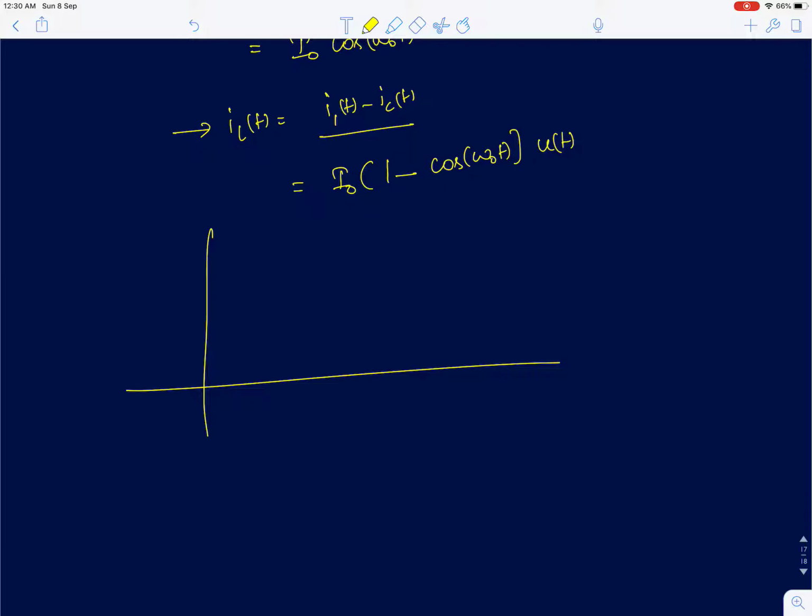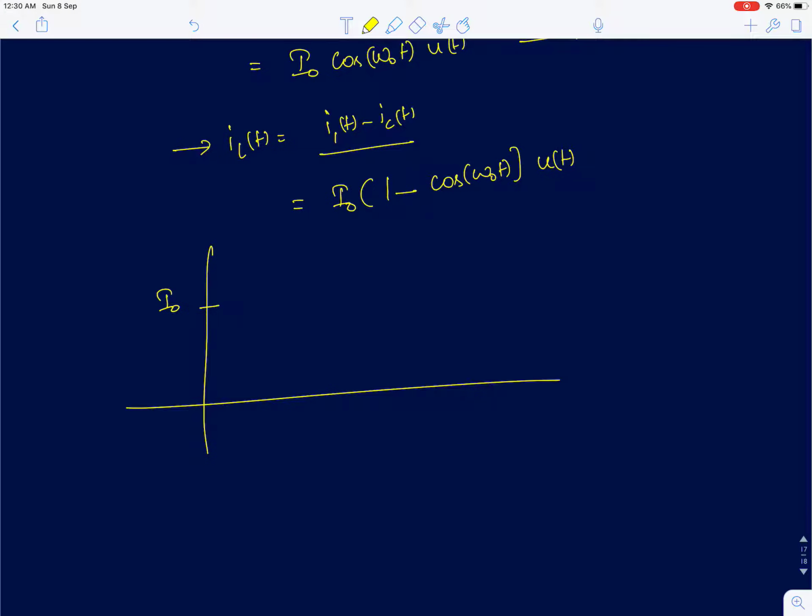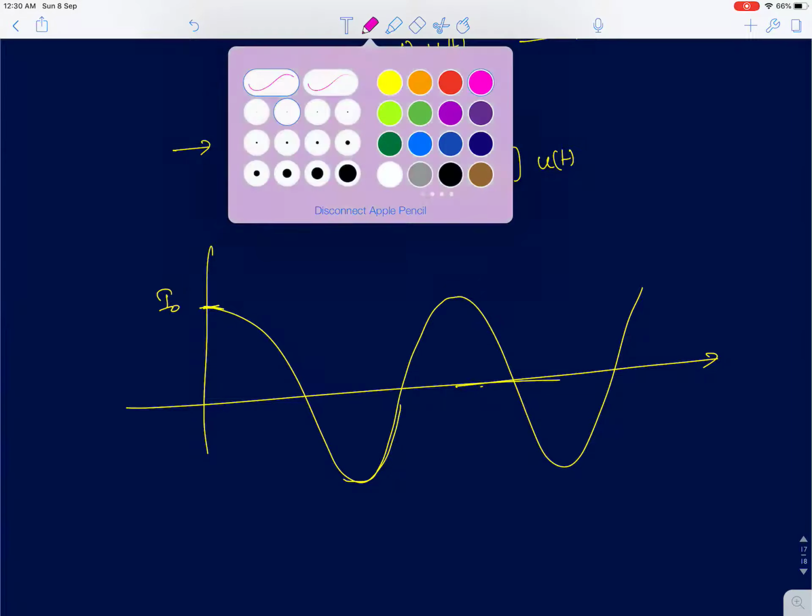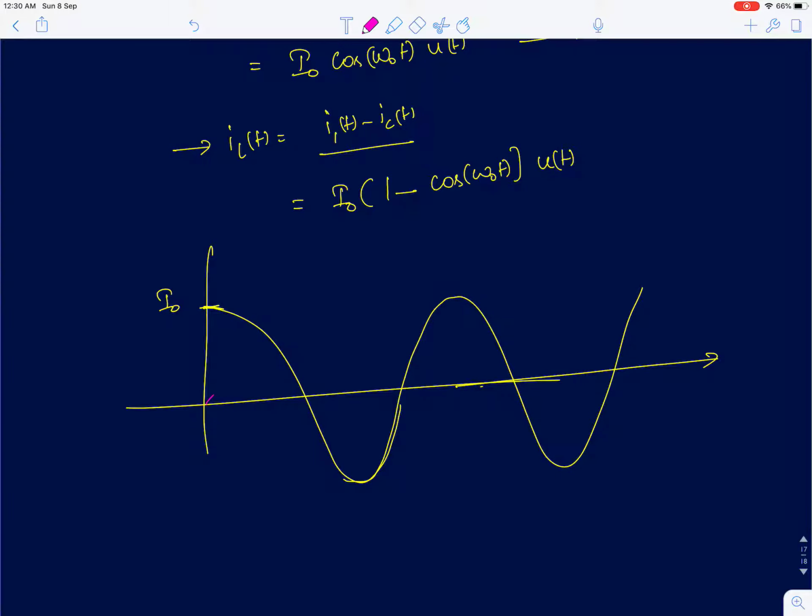So the capacitor current starts at I naught. I am just drawing the waveforms now, the mathematical waveforms from the mathematical equations. So it's a cosine signal. And the voltage across the capacitor starts from 0; it's I naught by omega naught C times sine omega naught t. So whenever the current is minimum, the voltage will be peaking.